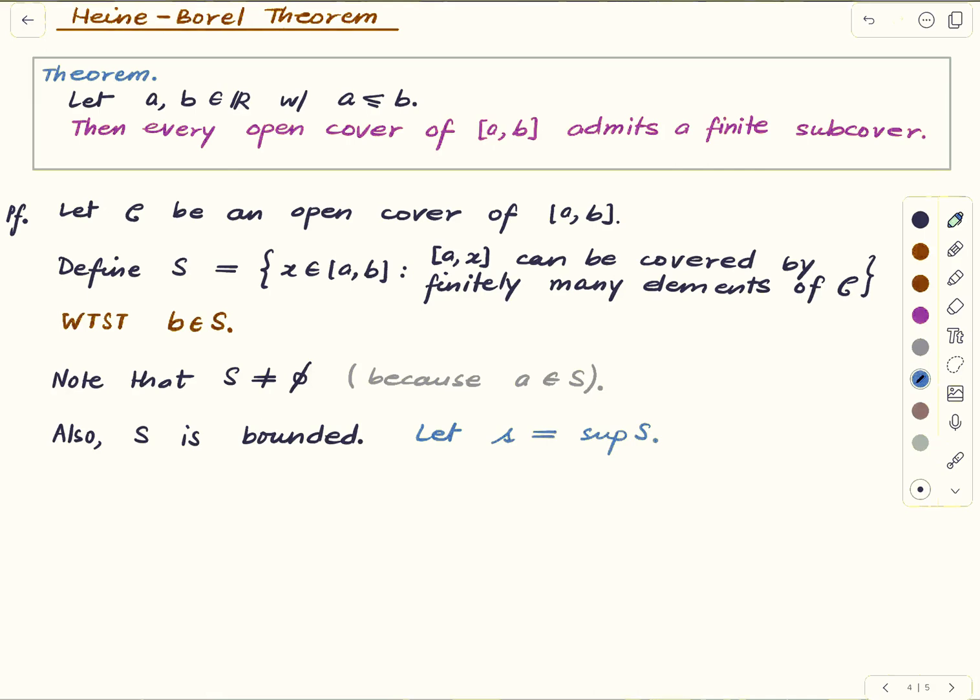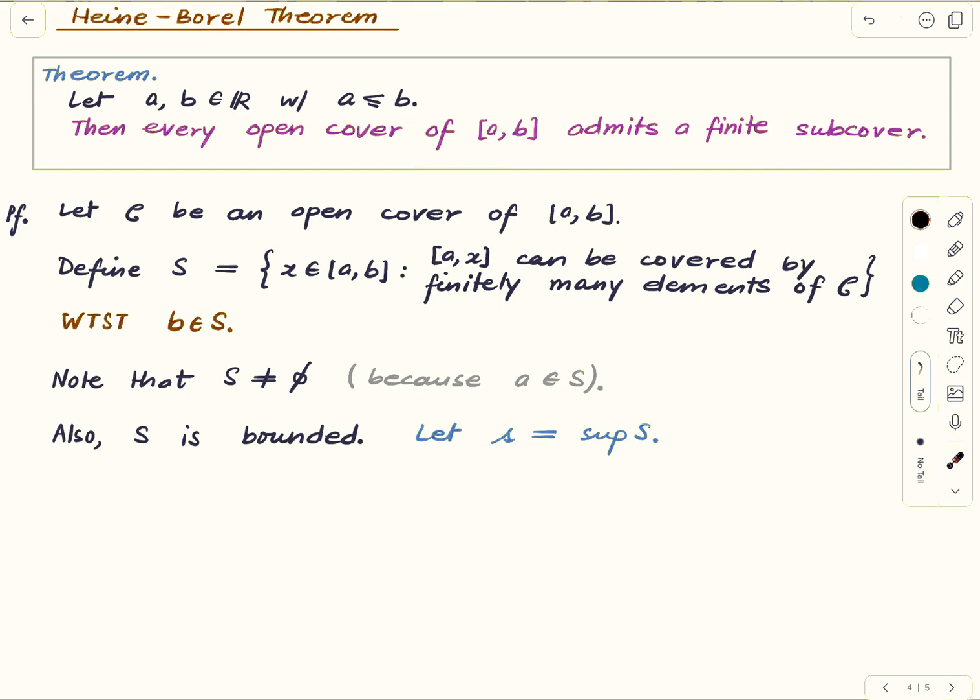All right. So what we want to do is show that this s is actually equal to b. I mean, this is a little bit weaker than our goal, but at the very least we want to show that this is equal to b, right? Anyway, we will get there. So this is our supremum.